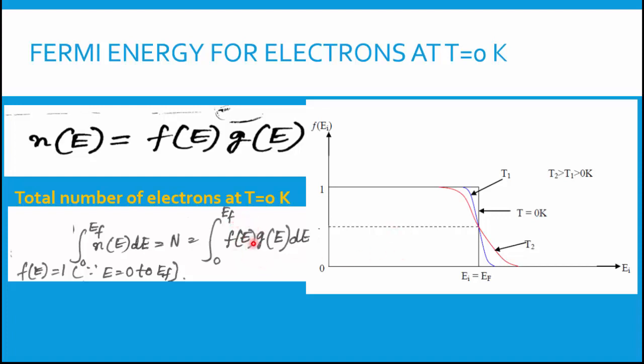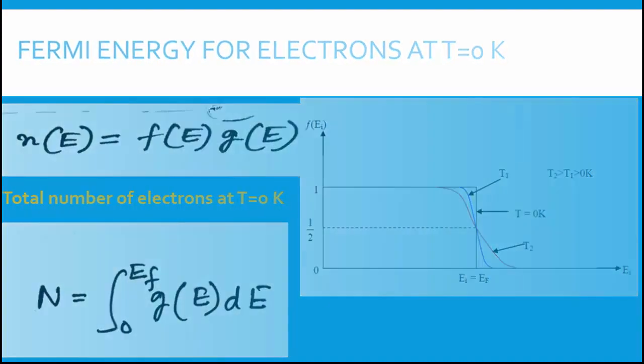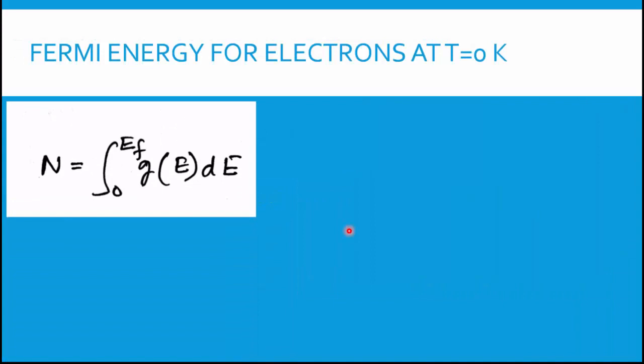From the graph, the value of F(E) from 0 to EF is 1, and from EF to infinity the probability is 0. So the left-hand side is capital N, the total number of electrons, and the right-hand side is the integral from 0 to EF of G(E) dE because the F(E) value is 1. So I go further in the calculation.